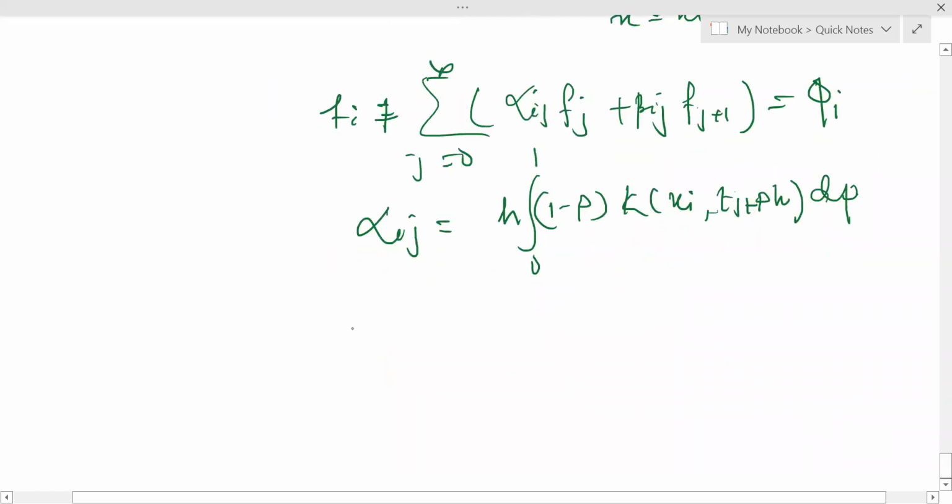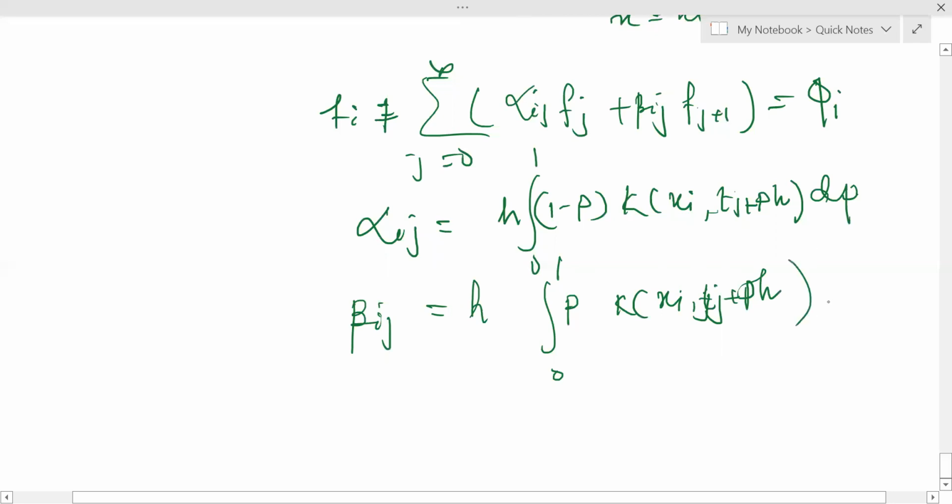β_ij is equal to h into the integration of p k(x_i, t_j plus ph) dp. So this is our solution of this problem of today for the singular kernels.